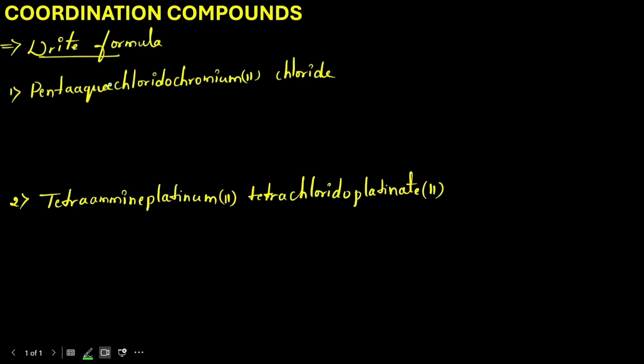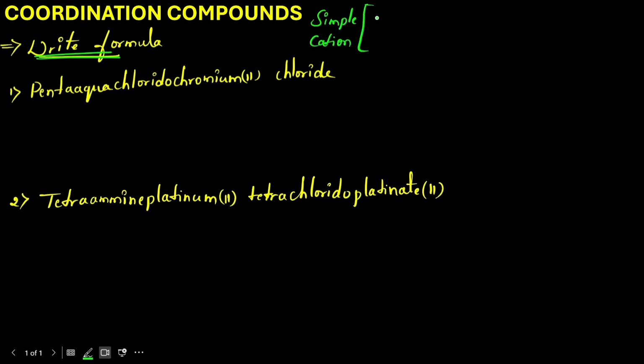Now, we will write the formula for the given coordination compounds. So far, we have studied how to write the IUPAC nomenclature. But now, the IUPAC name of the coordination compound is given, and we have to write the formula of the coordination compound. To write the formula of coordination compounds, you have to remember the simple order. First you have to write the simple cation.